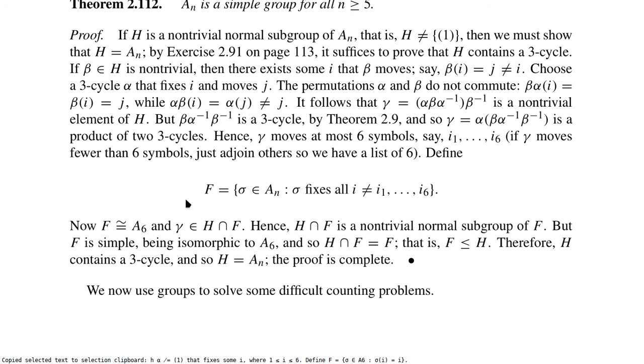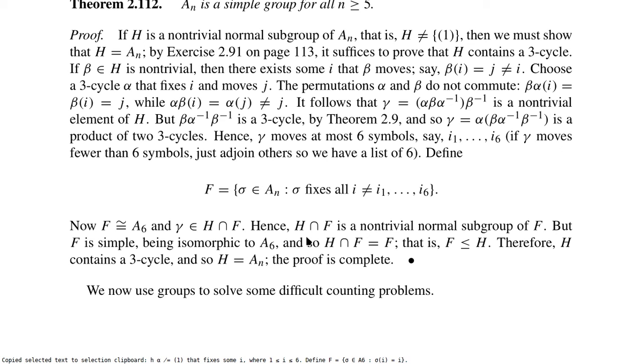Hence H intersection F is also a non-trivial normal subgroup of F. Okay, because A6 is simple, right? Then F is simple as well. So H intersection F has to be F, right?